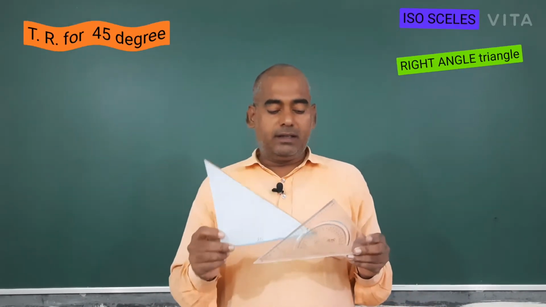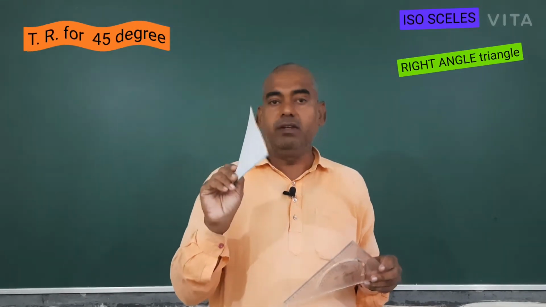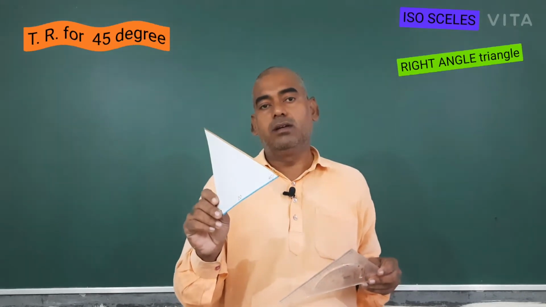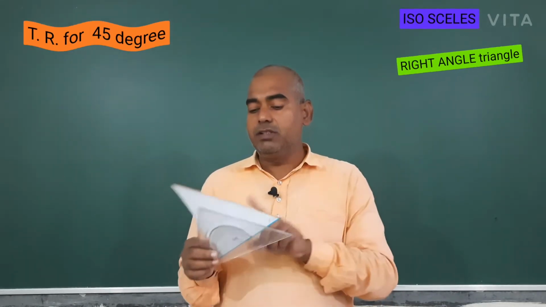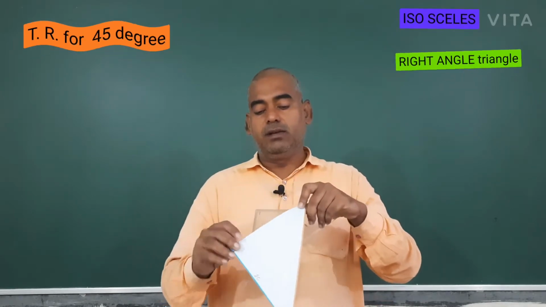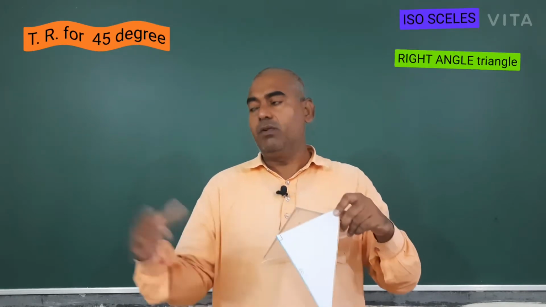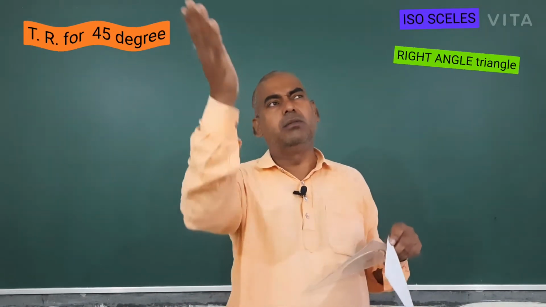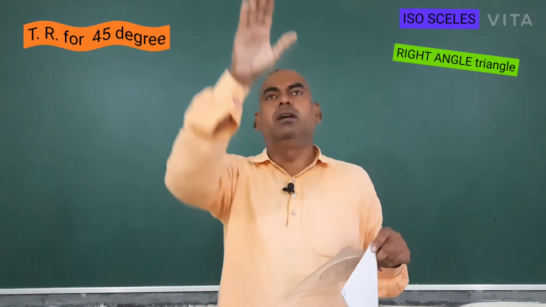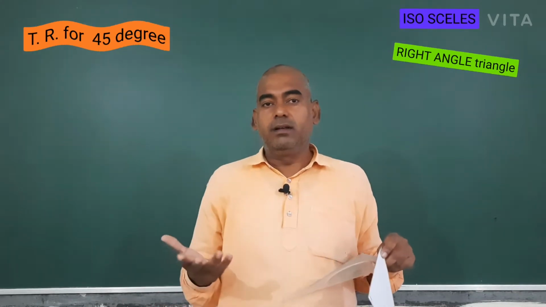Okay, and this will be proved in class 9th, I think in chapter number 6. There are only three fundamental things in geometry. First, the sum of angles of any triangle is 180 degree. And before that we have to prove many things: different types of angles, alternate interior angles are equal, vertical angles are equal.